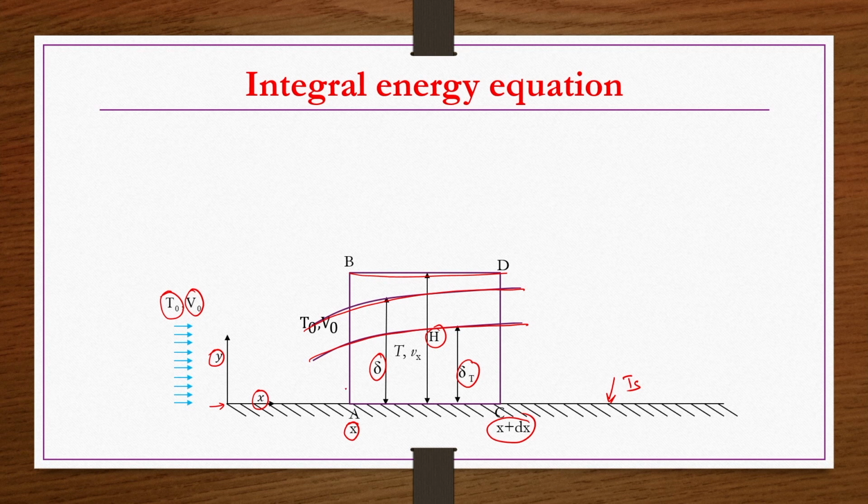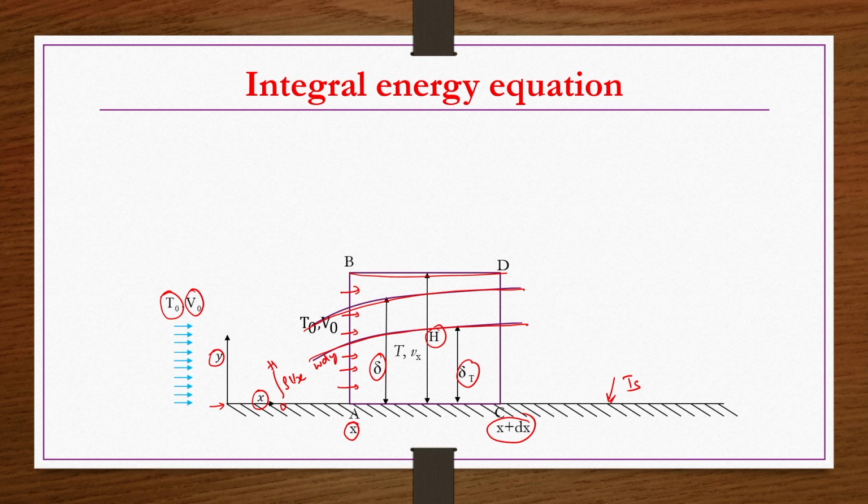Now, here what is the rate of heat in, that we have to find out. Similarly, we have to find out other planes also. At this plane, the integral 0 to h of rho Vx W dy is nothing but the rate of mass in, that is m dot.